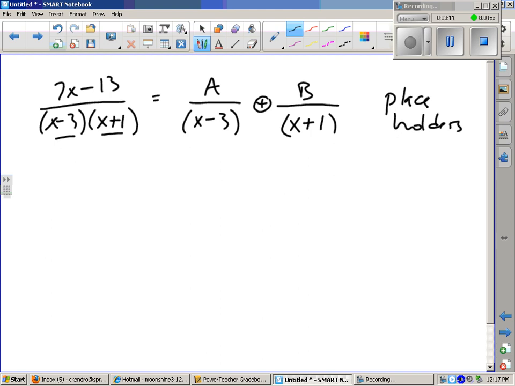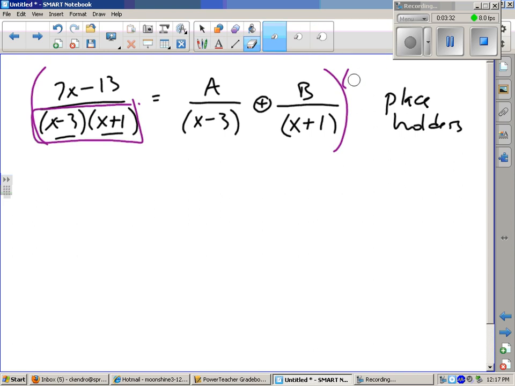The second step is we're going to multiply by the common denominator. Now our common denominator is this, so I'm going to multiply everything by that. If you put big parentheses around it and say, okay, I'm multiplying everything by x minus 3 and x plus 1, and see what happens.